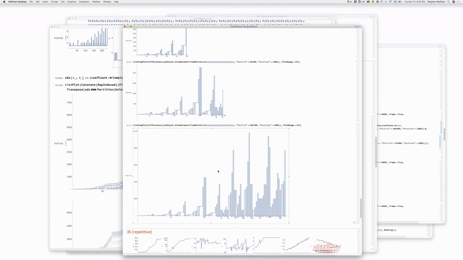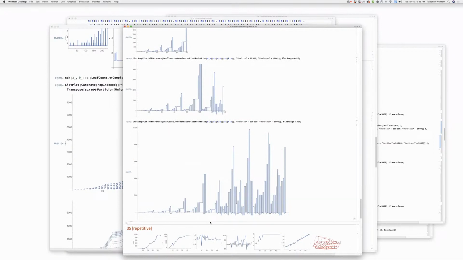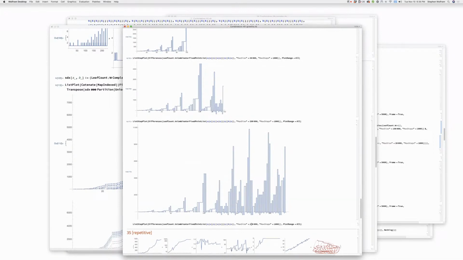Is it easy to go with more steps than that? Oh, we'll find out. Well, let's also look at an indicator.